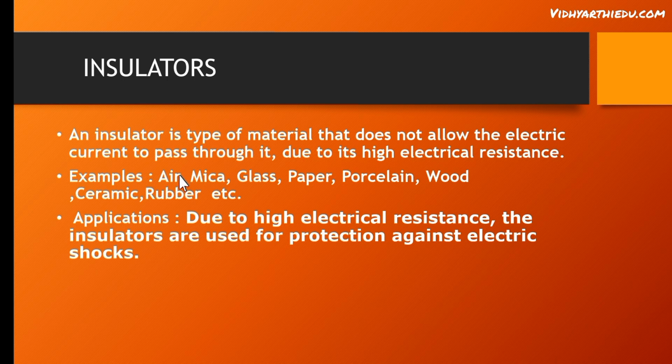They are used due to their high electrical resistance, which blocks the flow of electric current, so they are used as shock-proof substances. Insulators are used for protection against electric shocks in the manufacturing of electric cables or of insulators on electric poles.